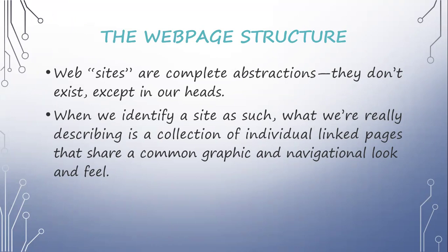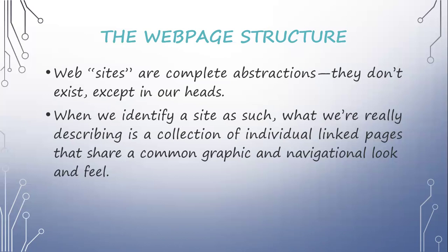So a website is just an abstraction from our heads, but simply it is an identified structure of pages that are grouped together, within a given collection of individually linked pages, which can share a certain common graphic or navigation look and feel.